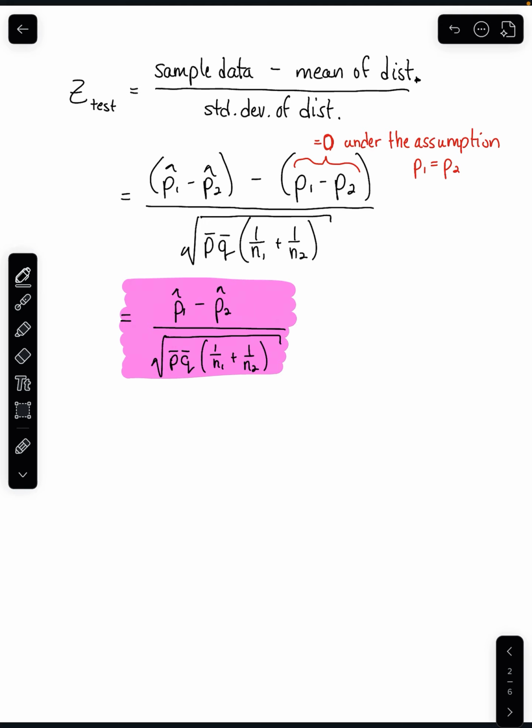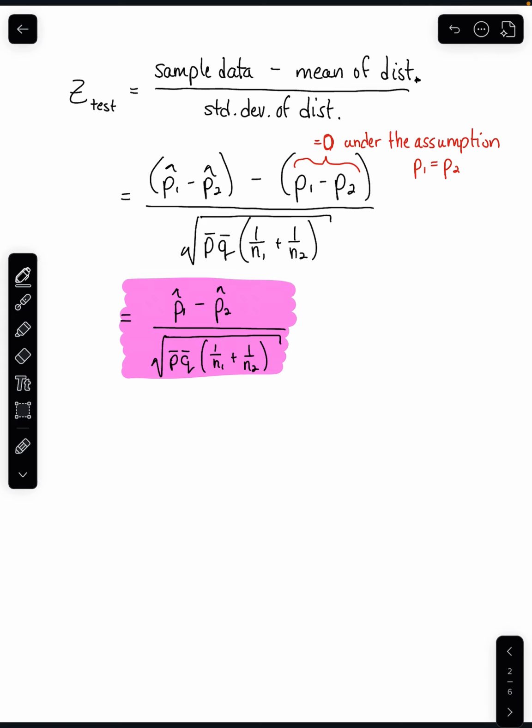And H sub A, which is what typically our claim will be, will indicate whether we want a left tail test, a right tail test, or a two tail test. We will need to identify the level of significance. We will be able to use this formula to calculate our test statistic. And then we can either find the p-value from our test statistic, or we can use the value of alpha to find a critical value and make our decision about the null hypothesis from there.